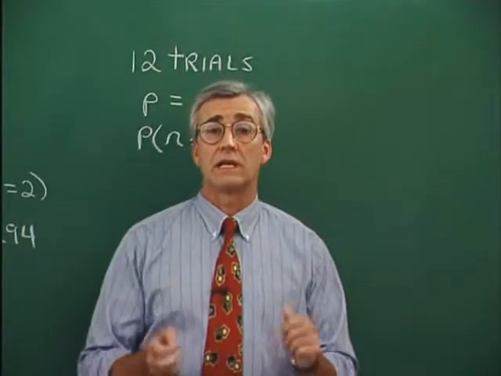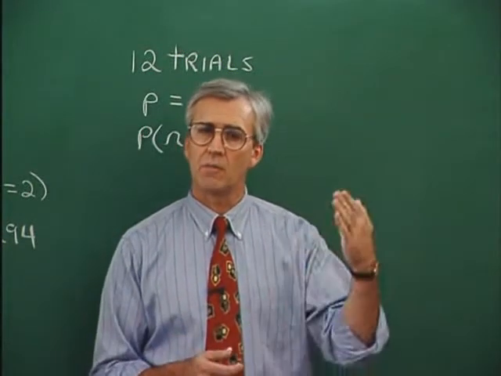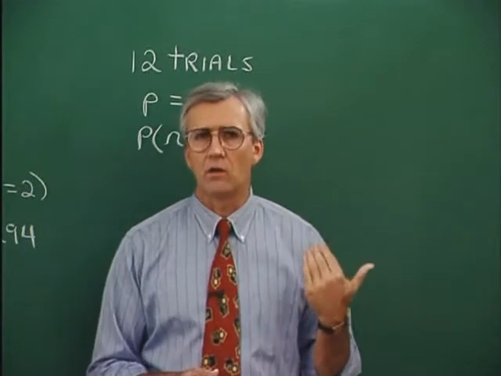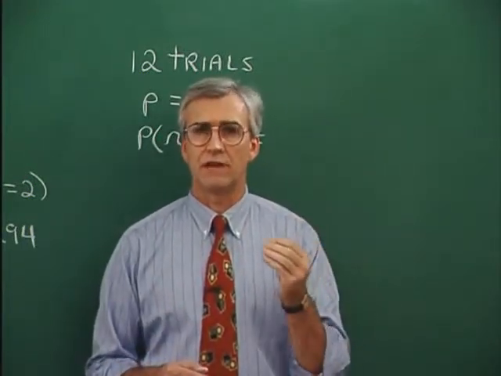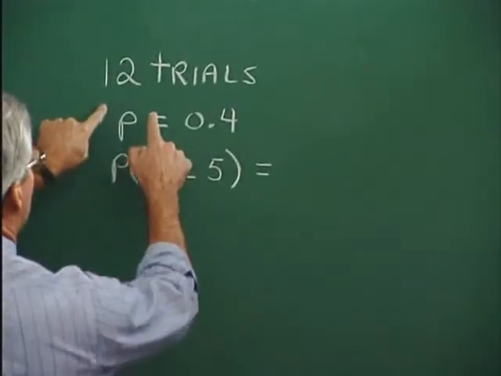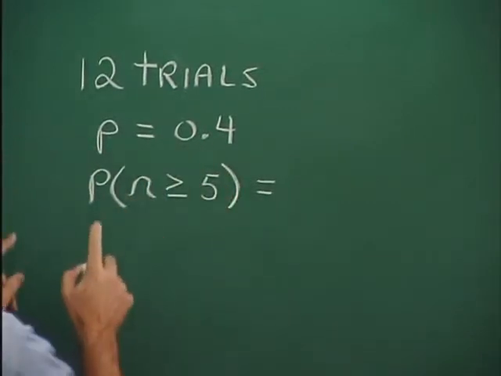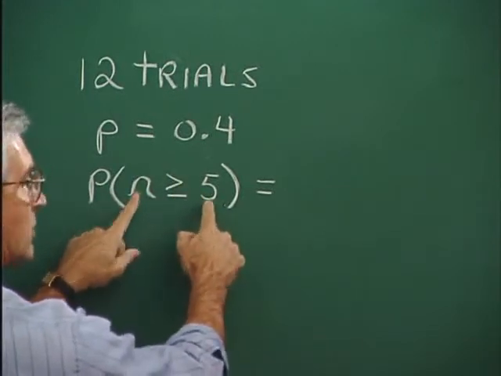You may have noticed that the calculator is able to calculate the sum of probabilities from some point on down. R is less than or equal to a certain value. But what if we're faced with a problem like this, where we have, let's say, 12 trials and a probability associated with success, and we want the probability that R is greater than or equal to a certain amount.